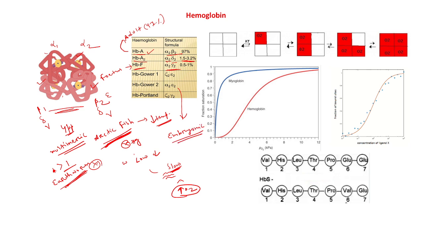So in the adult, alpha 2 beta 2 and alpha 2 delta 2; in the fetus, alpha 2 gamma 2; and in the embryonic condition, actually all 3 hemoglobins are found, but in the maximum case alpha 2 epsilon 2 is found.